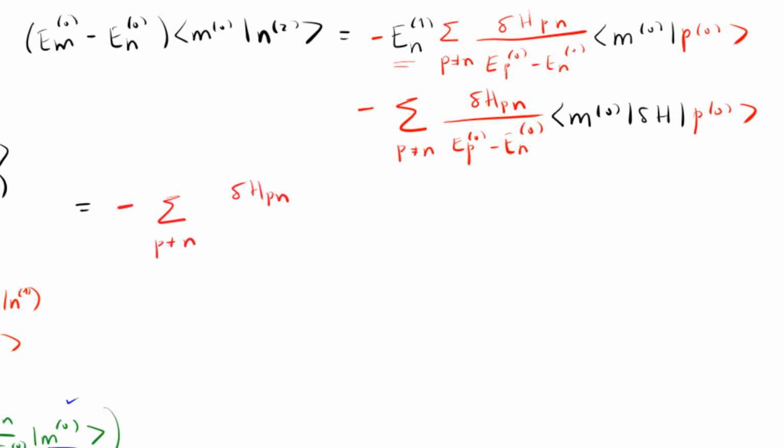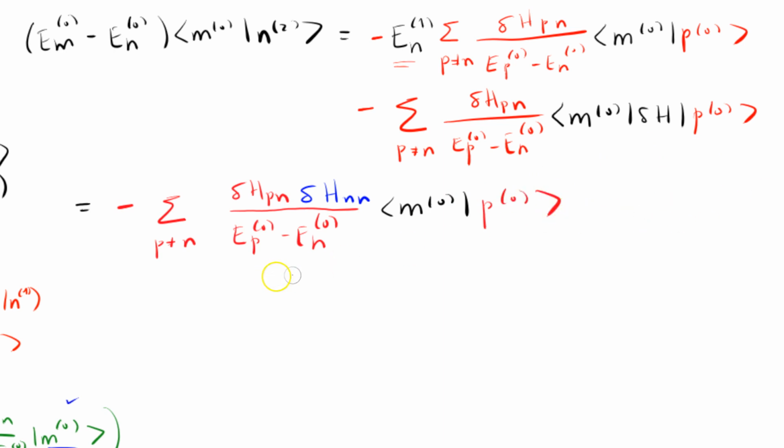And if you remember, the en1 is simply delta h n n. And then this whole thing divided by ep0 minus en0. And then we have the matrix element m0 p0. Okay, I like it a lot.